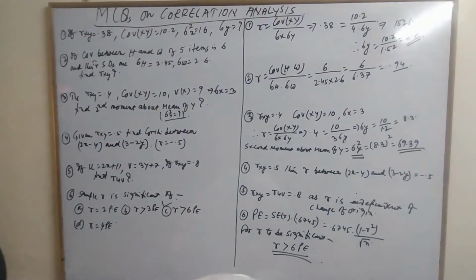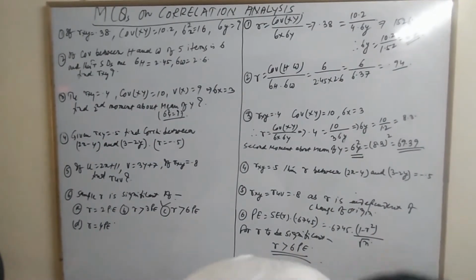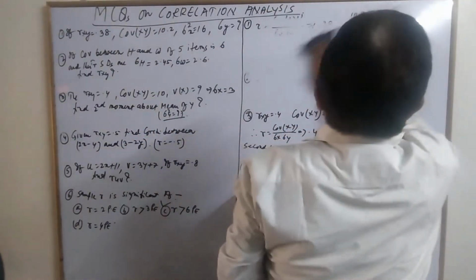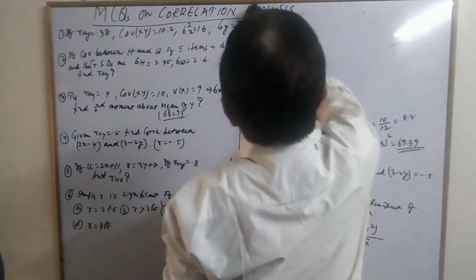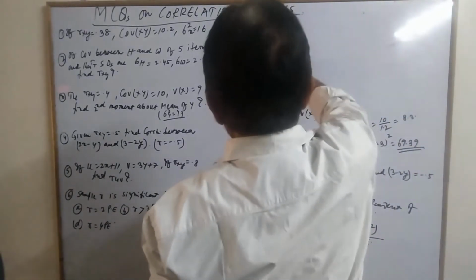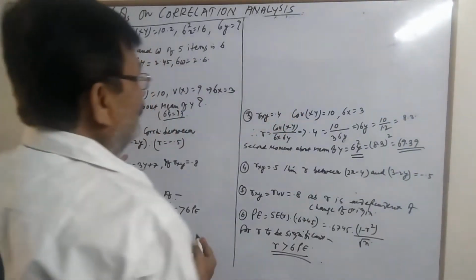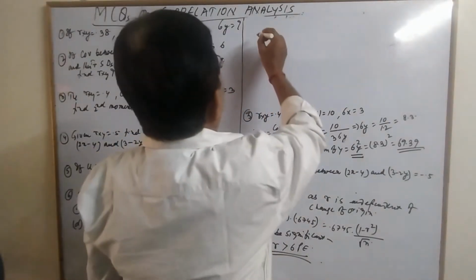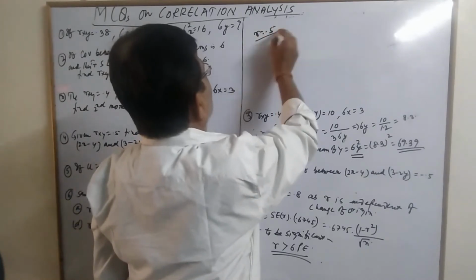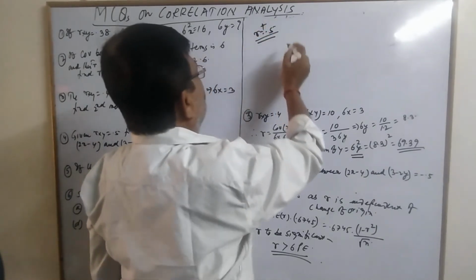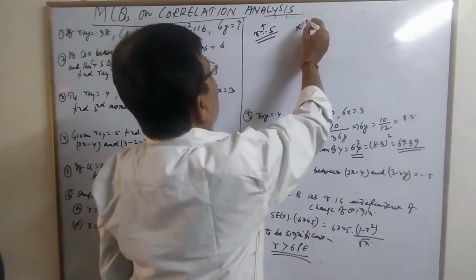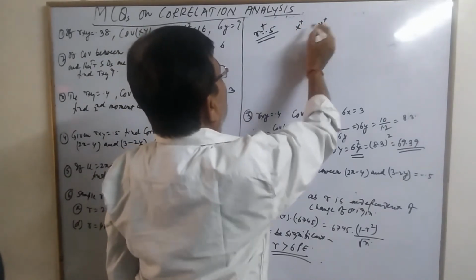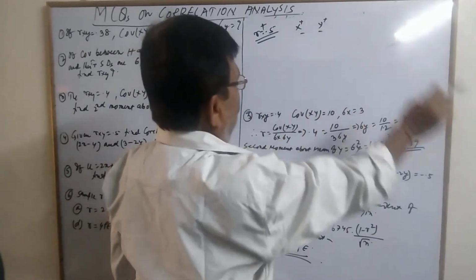Here one thing has to be explained: when the correlation coefficient R is 0.5, absolutely it is 0.5, so x and y either both have to be positive or both have to be negative.